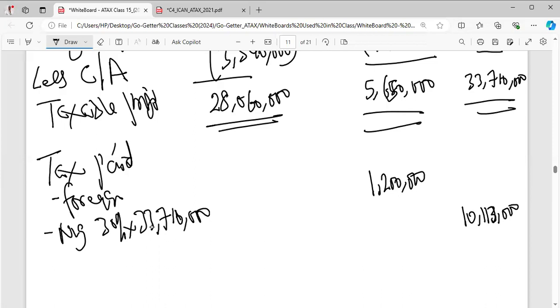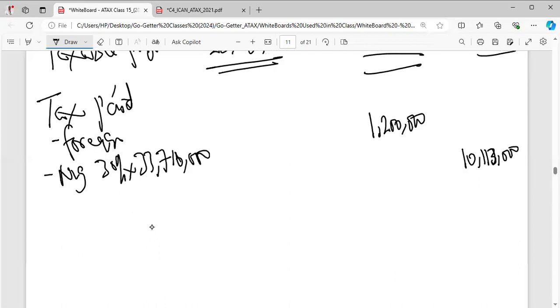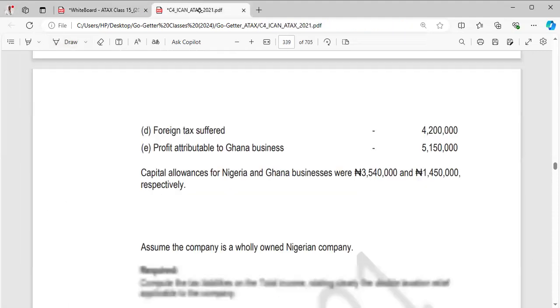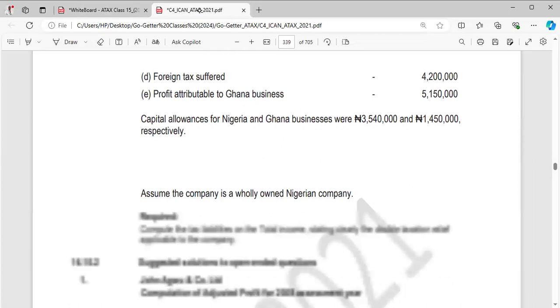Now let's do double taxation relief. Now we'll go to workings. We were not told if a DTA exists.